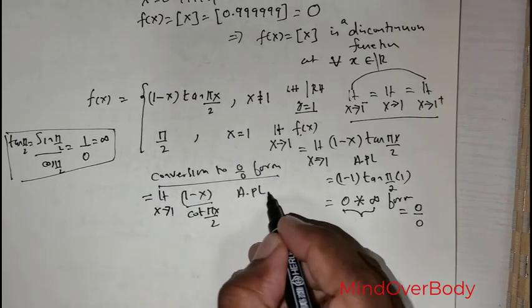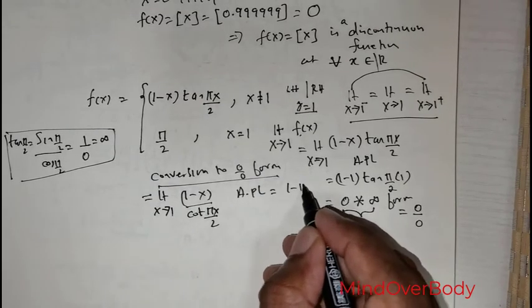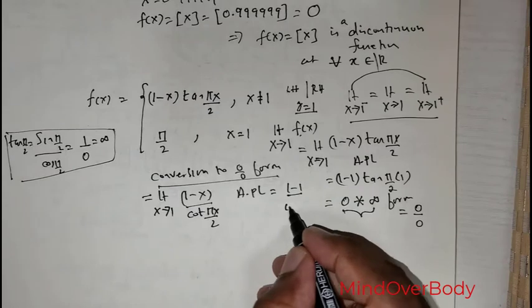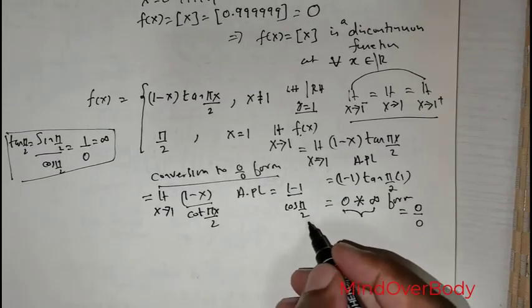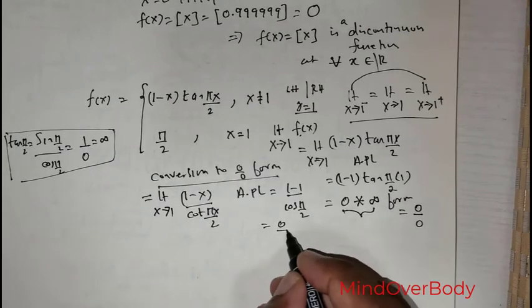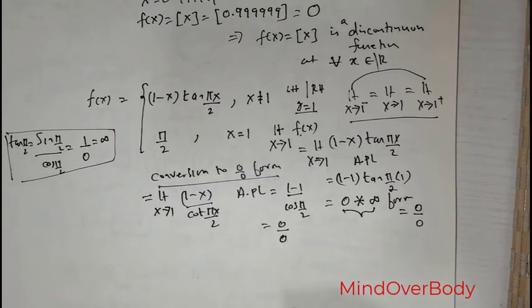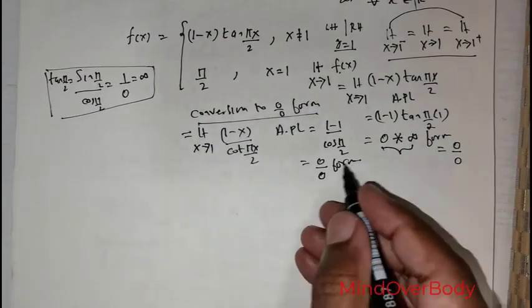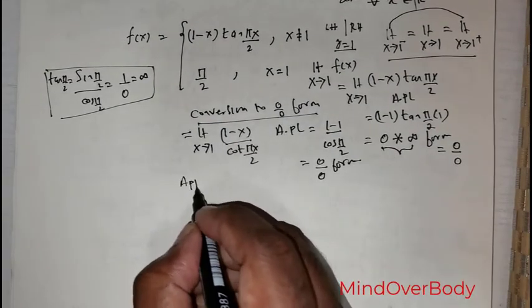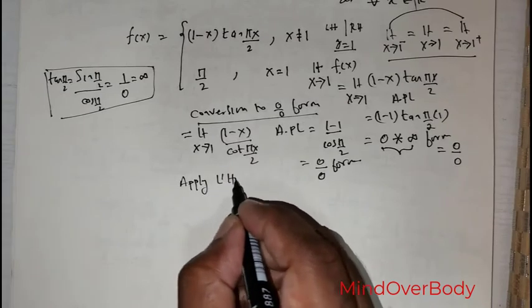So if I were to apply limits, this is going to be 1 − 1, and this is going to be cot(π/2). So this is 0 over 0 form. Now if this is 0 over 0 form, we can apply L'Hopital rule.